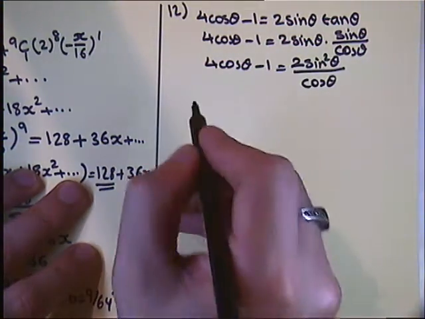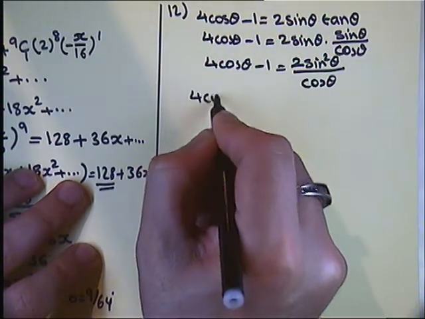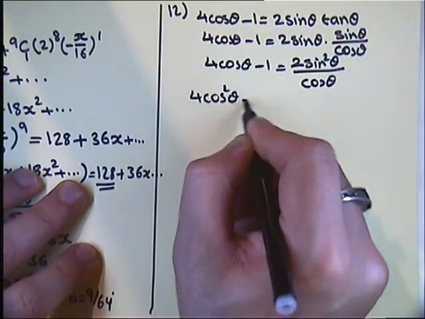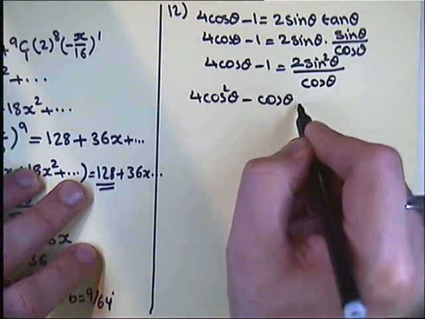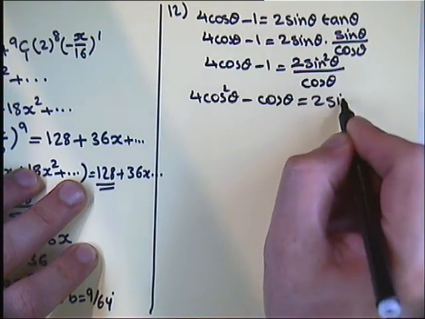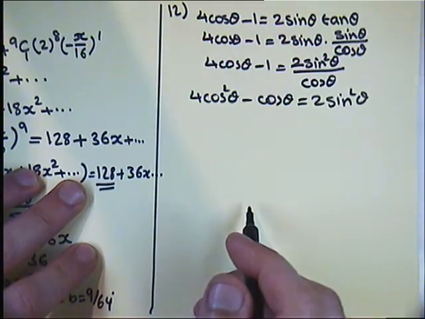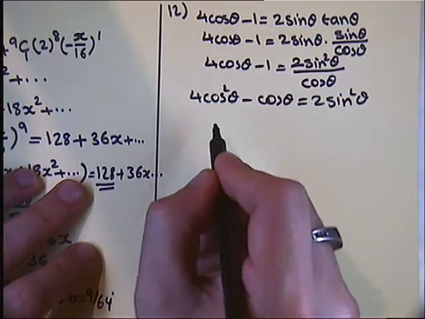Multiply both sides by cos theta, you get 4 cos squared theta minus cos theta is equal to 2 sine squared theta. We know that sine squared is the same as 1 minus cos squared.